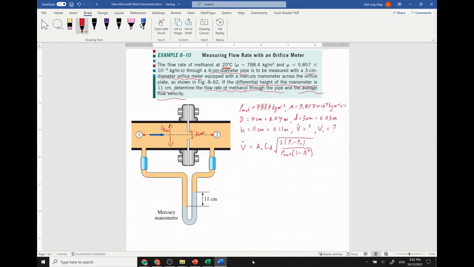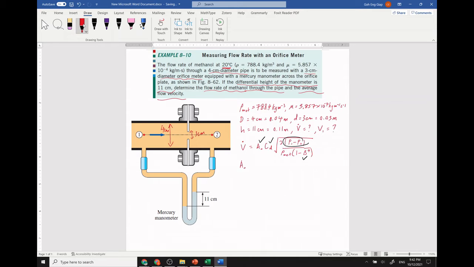We realize that we don't know the pressure difference. We can calculate beta, we can guess the value of CD, and we can also calculate A naught. So let us begin with A naught.